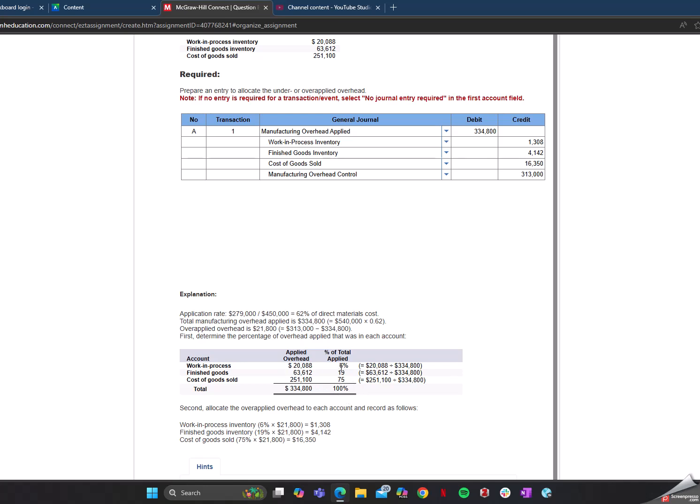So our work in process is 6%, our finished goods are 19%, our cost of goods sold are 75%. So we use those percentages to allocate out that over applied overhead. And then we would credit our work in process, credit our finished goods, and then credit our cost of goods sold.